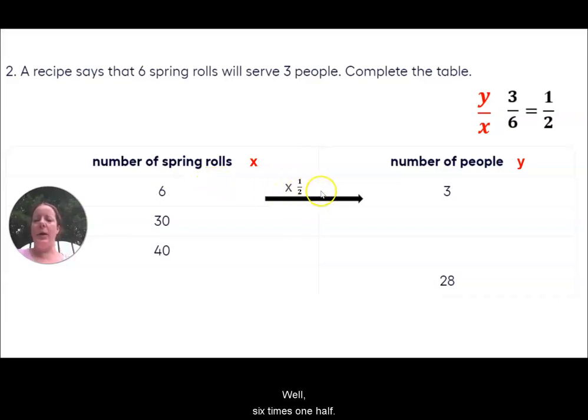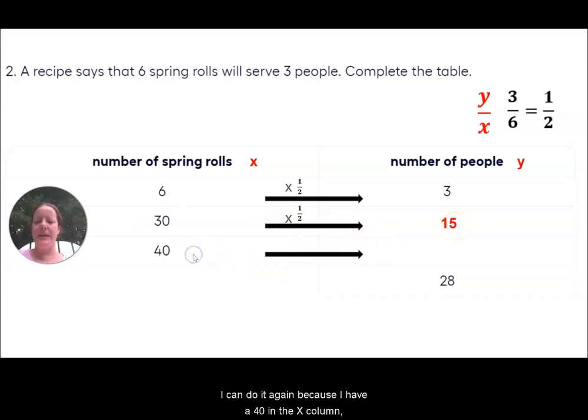Well, 6 times 1/2. Or, if you want to think about it, you can go backwards. What's half of 6? Your answer will always be in the y column, 3. So if I continue the arrow, because I have another value in the x column, half of 30 is 15. I can do it again because I have a 40 in the x column. Half of 40 is 20.